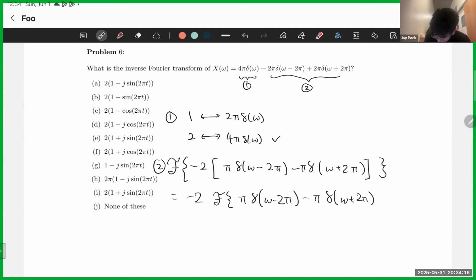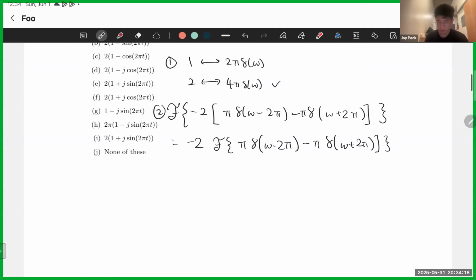See, now the only issue is that if we recall, we know that our Fourier transform of sine of a t has a weird constant, or a j factor in it, which is very undesirable in my opinion, because it clearly doesn't align with our question right now.